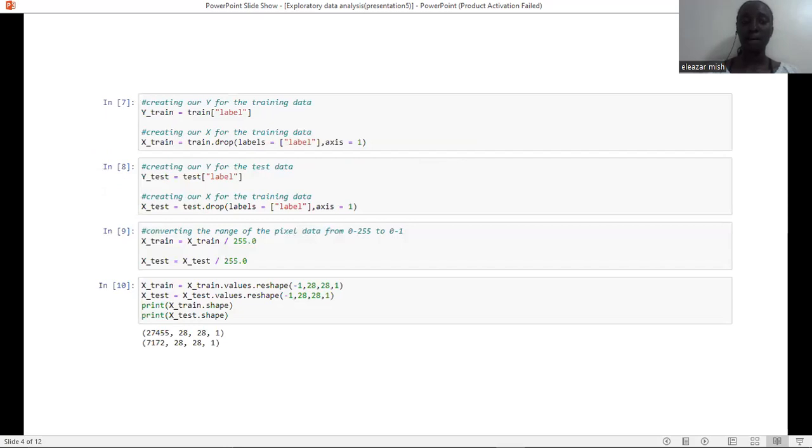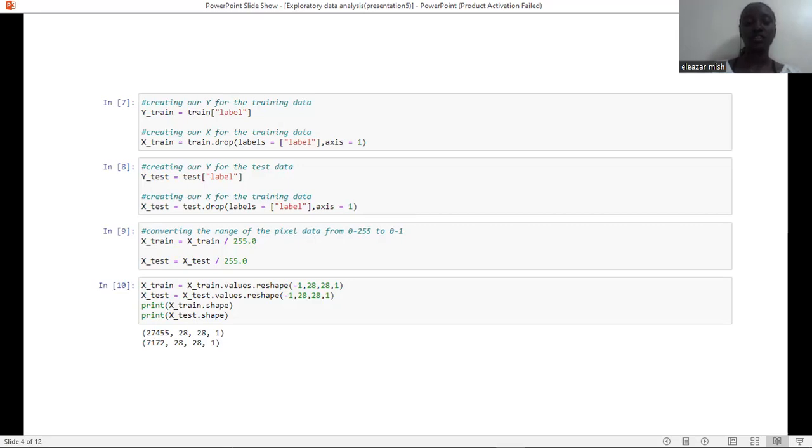And then I created my y-axis for the training data. Then I created the x-axis for the training data as well. So the y-axis is basically the count, and the x-axis is the label. Then I also have my x and y axis for the testing data.